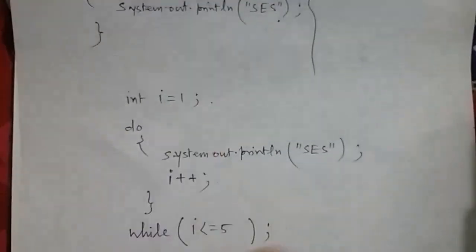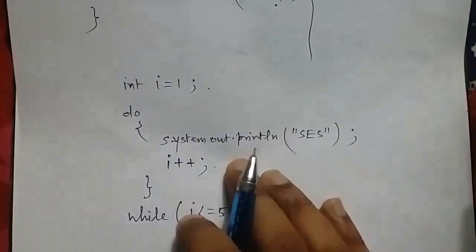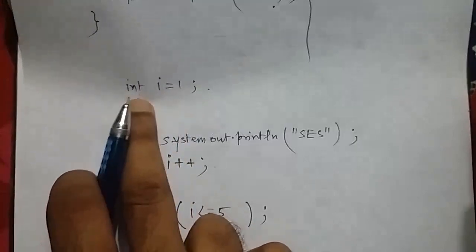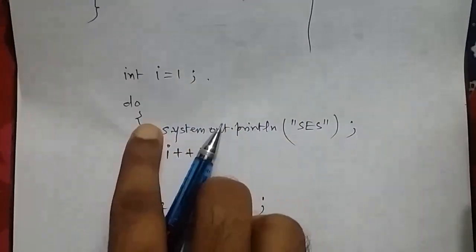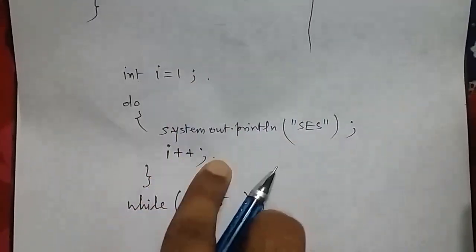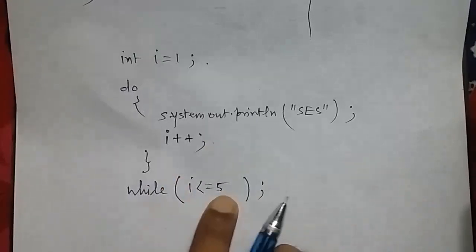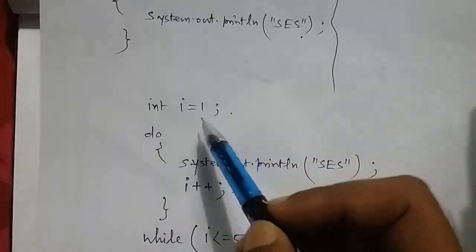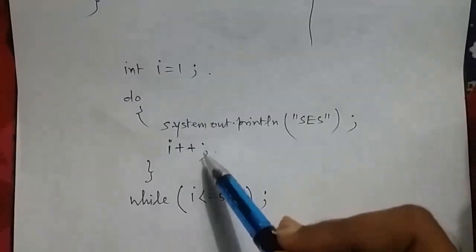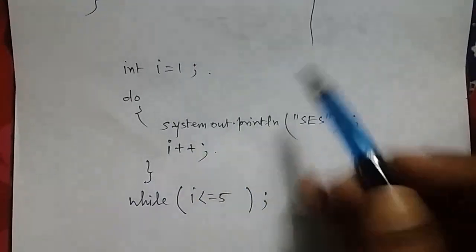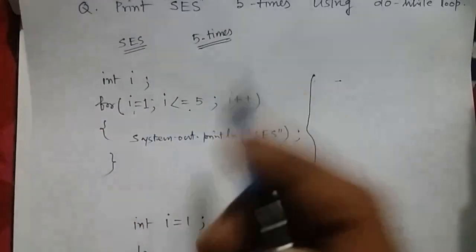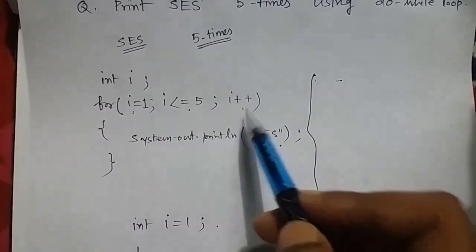But in case of do while loop, the same program has been written here, but you can see the initialization expression is written before the start of the do while loop, then in the body of the do while loop the update expression is given, and at the end of the loop the test expression is given. So initialization expression, test expression and update expression are all placed at different positions, unlike the for loop where they are all placed at the same position.